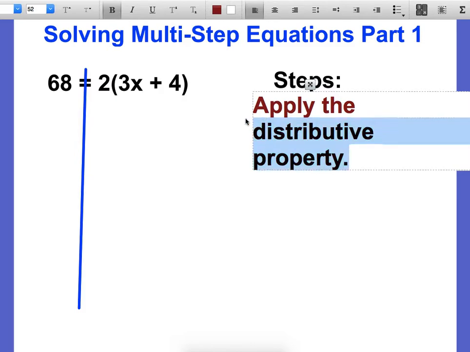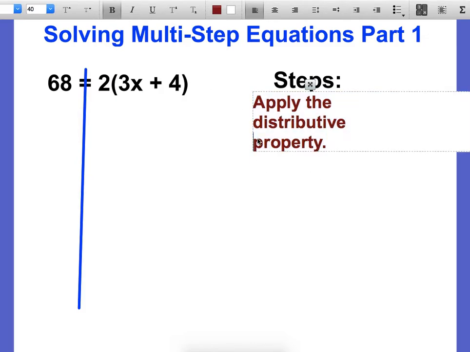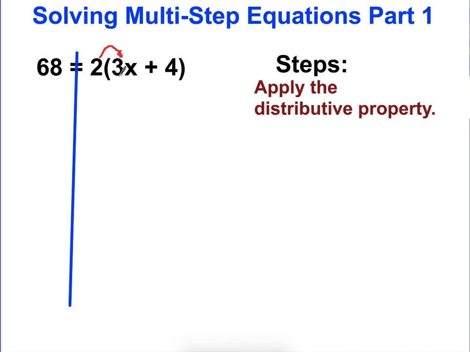So applying distributive property here, we're going to multiply 2 times 3x. So 2 times 3x is going to be 6x. 2 times 4 is going to be a positive 8. They're both positives. 68 stays over here.